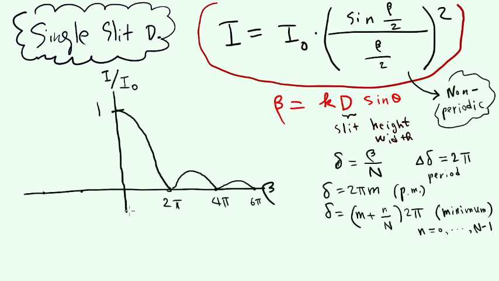So the height will decrease as beta goes to the right, and when beta goes to the left, you basically have a symmetric situation here. Well, it's not quite symmetric, but please view this as a symmetric function, which it really is.